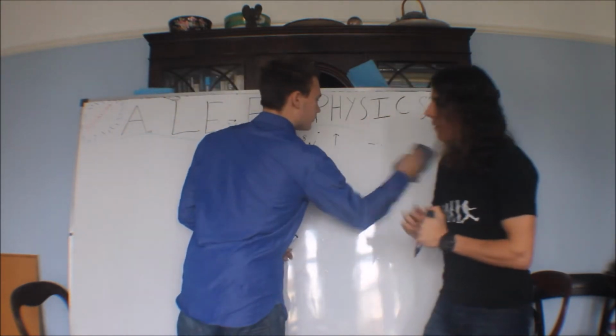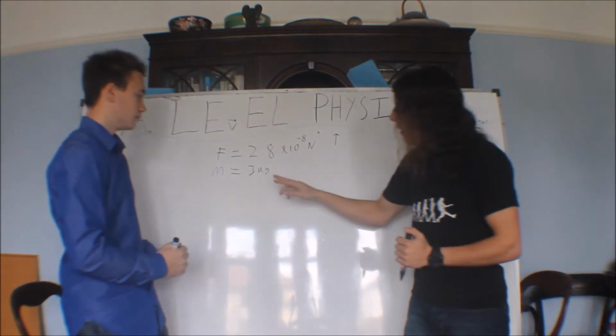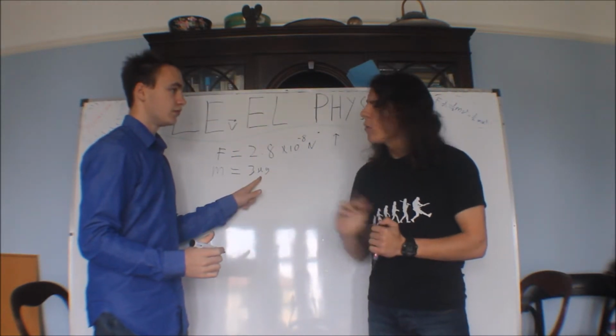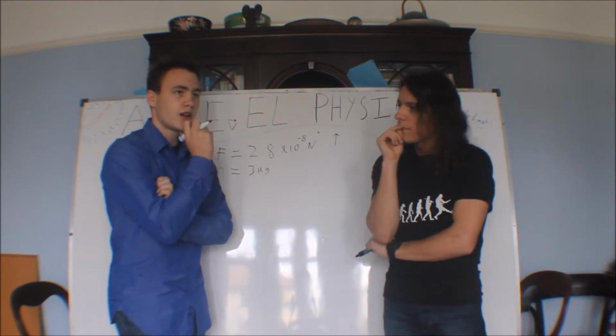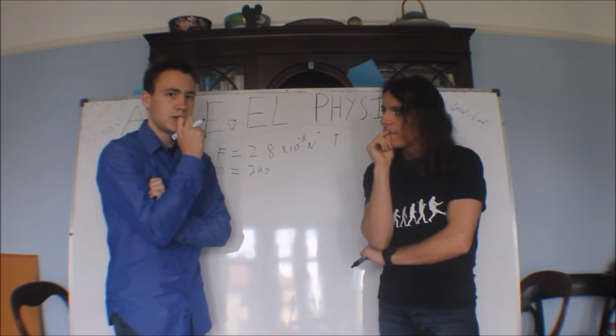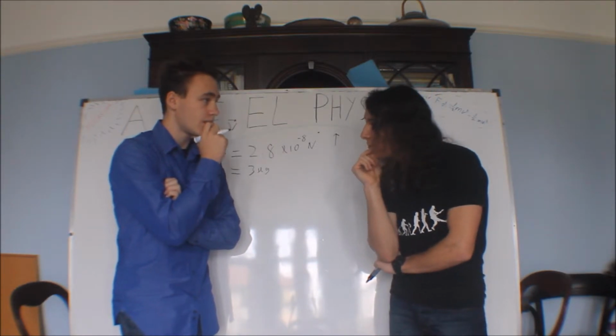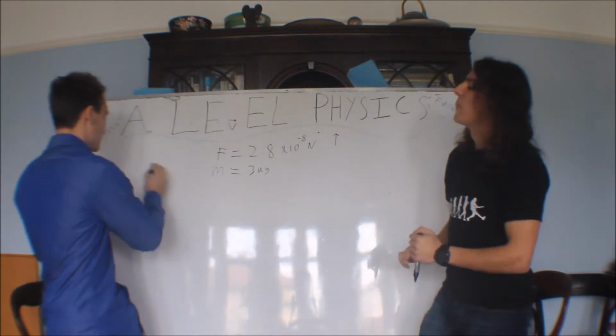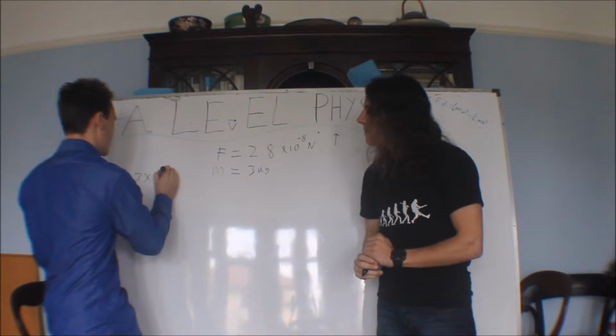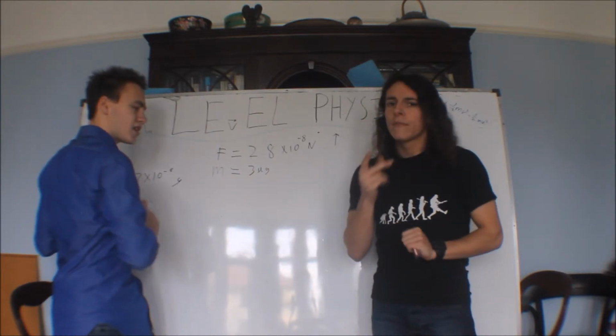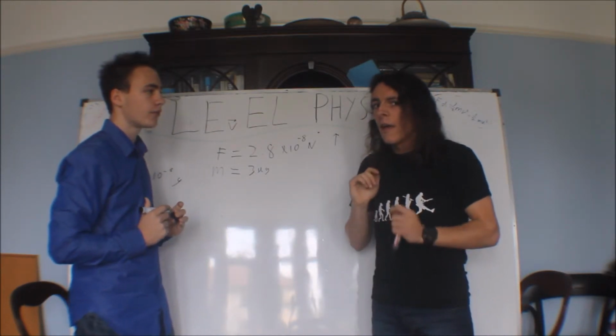We need to get this into kilograms. So first, we need to get rid of the micro. What is micro, Wayne? 10 to the minus 6. So if you do 3 times 10 to the minus 6, you're going to get grams. But that's not quite right. Mass is weird.